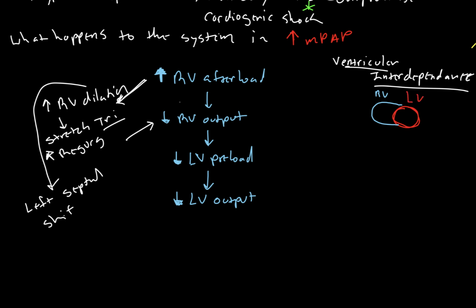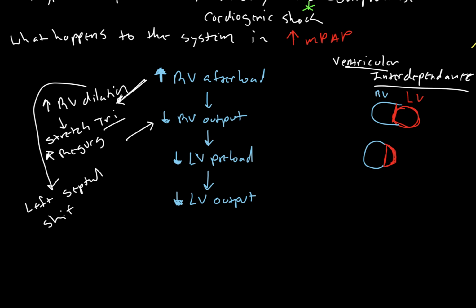So what happens in these situations with RV dilation and this leftward septal shift, right? There's a septum in between these two. You're going to have a change in morphology that's prevalent in severe pulmonary hypertension, where it looks like you have this big old bubble as your RV, and then your LV might take on this crescent-type shape, therefore reducing its capacity and its output.